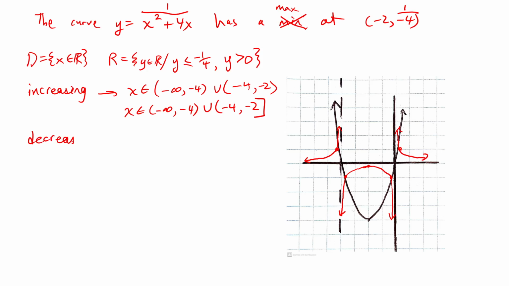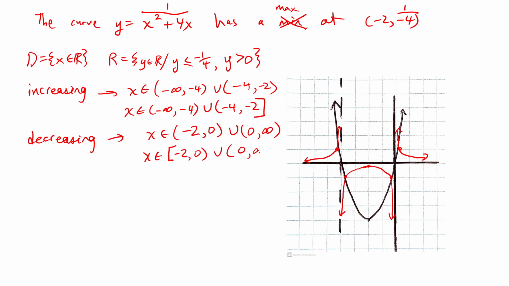Now your decreasing intervals, we can say x is an element of the interval between negative 2 and 0 in union with the interval between 0 and infinity. Or like I said, we can put a square bracket around that negative 2 and refer to this as our decreasing interval.